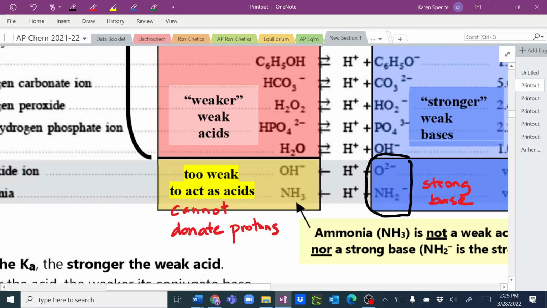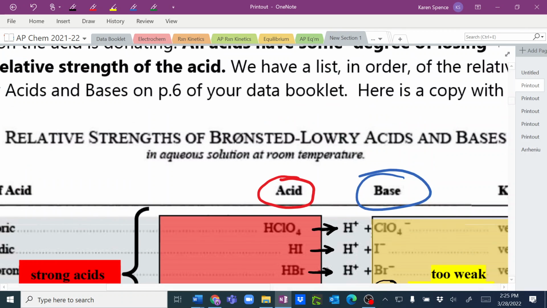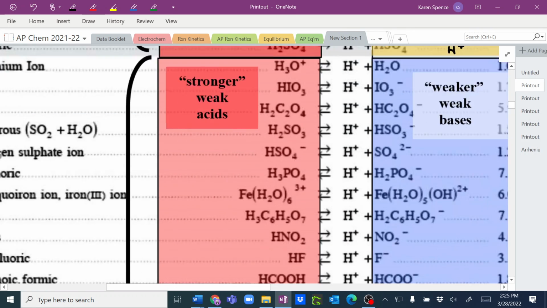One of the things that I often come across is, because you've got that gray zone at the bottom, and we know that is where strong bases live, yes? I often get people thinking ammonia is a strong base because it is down in that section. Here's ammonia here. Is ammonia a strong base? No, because when it is there, it is on the acid side of the table. What we're saying is it's not a strong base.